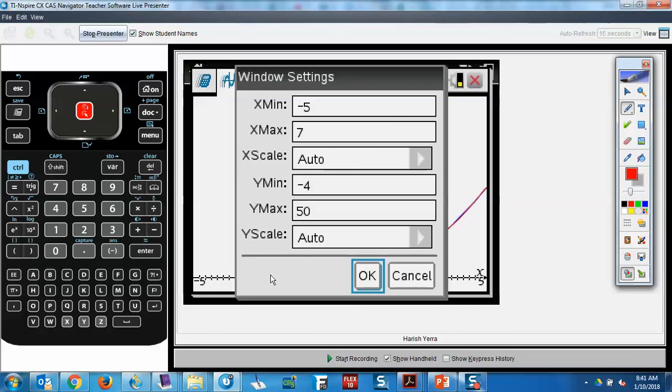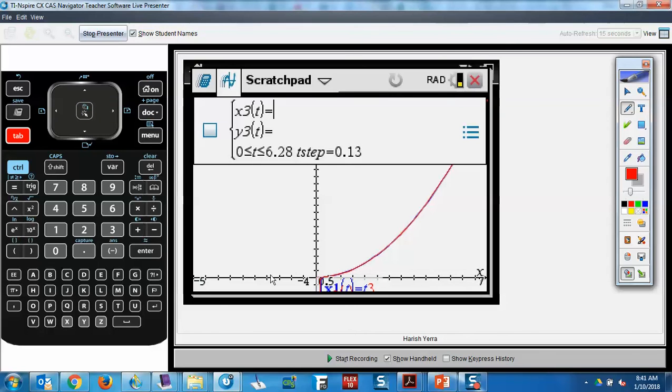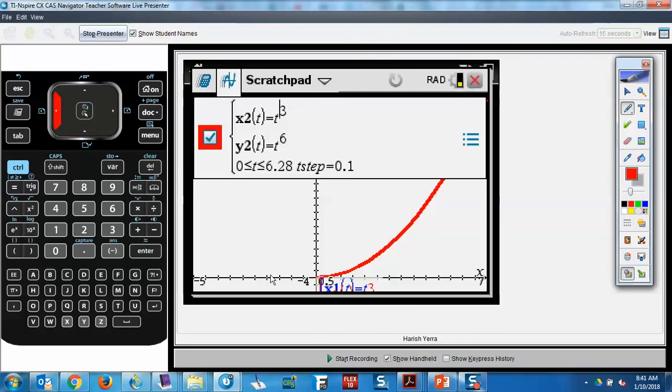So not only do we see the right half of the parabola. Should I go to like 20? Oh, I don't want. Go back, tab back to your thing. Tab back. Okay. Arrow up. Go down to Y2. Turn that off.